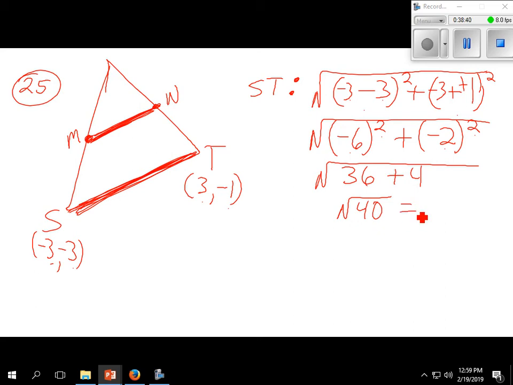It doesn't come out all nice and even. It comes out to be something like 6 point. So length of segment ST is 6.32.